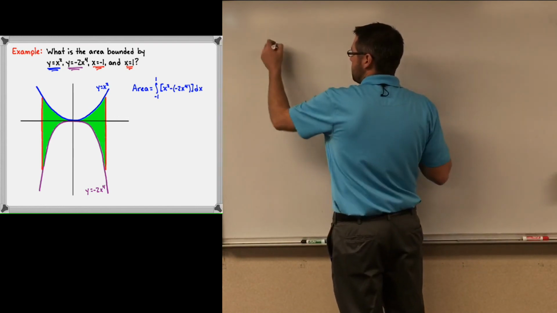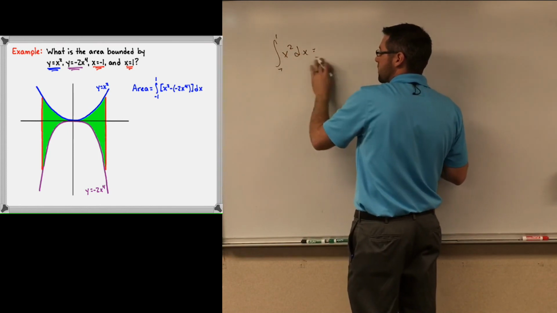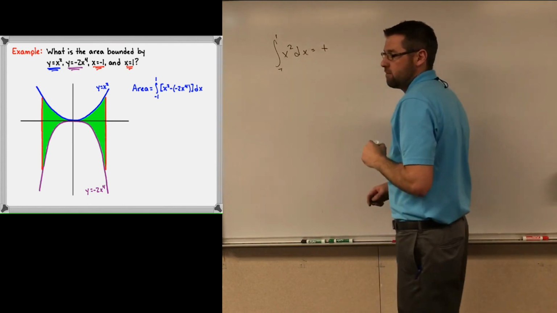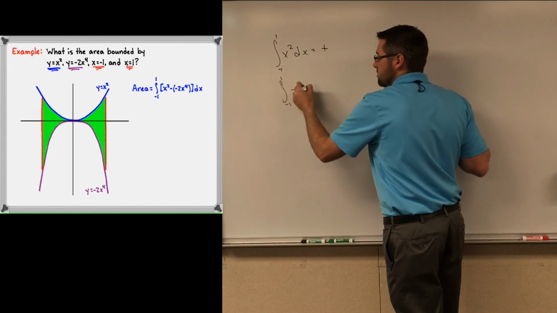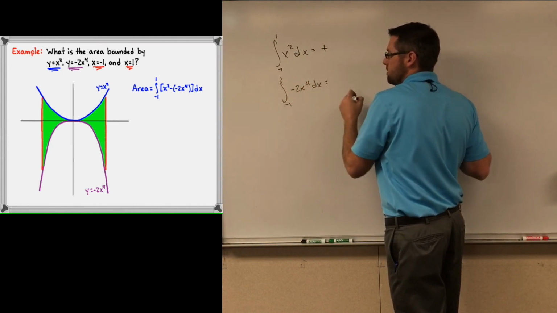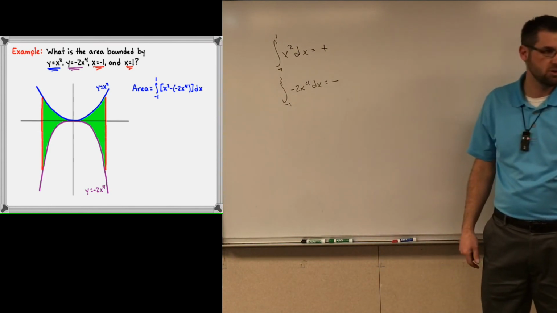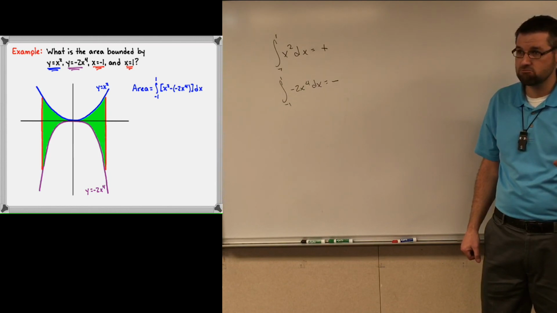What is the integral of x squared from negative 1 to 1 going to produce for me? What kind of value? It'll be a positive value, right? And the integral from negative 1 to 1 of negative 2x to the fourth dx will give you what? A negative value. Remember, what are we supposed to do with those functions? We're supposed to subtract them. But does subtracting make sense?